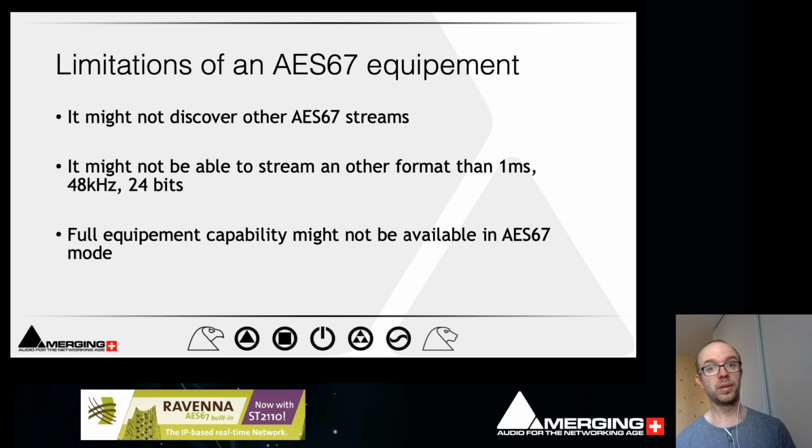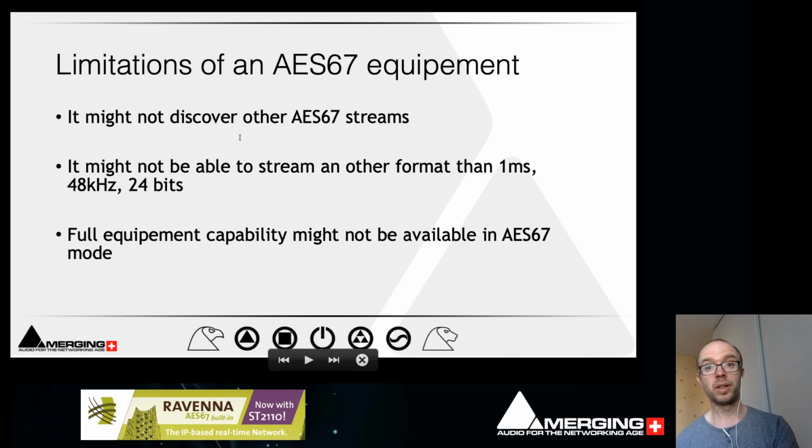And this is a pain, and this was also a reason for creating the PICs, that, for instance, you have a Merging driver that is AES67, and you wanted to do AES67 with a Dante device, and it doesn't work. And it doesn't mean that one or both are not AES67 compliant. It's just the problem that they are on different configurations or capabilities.